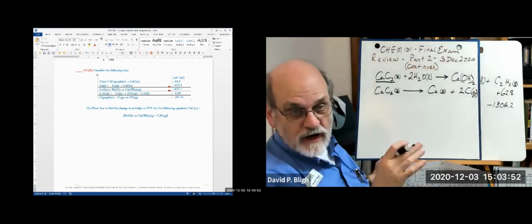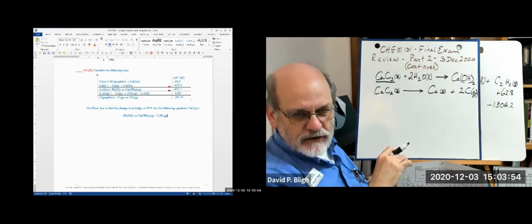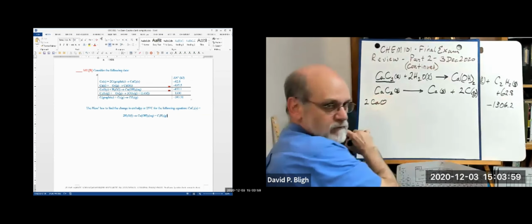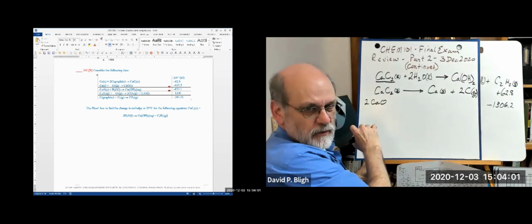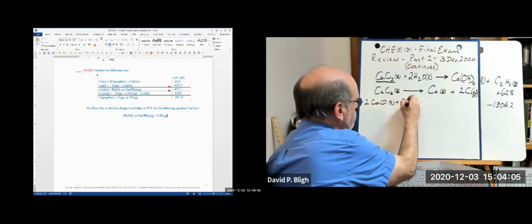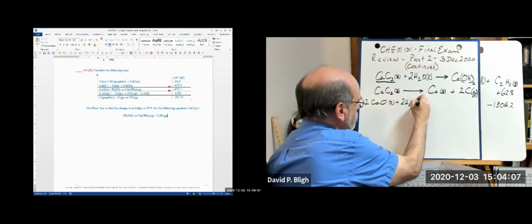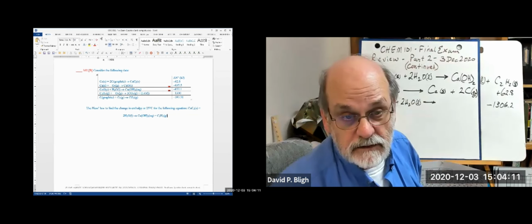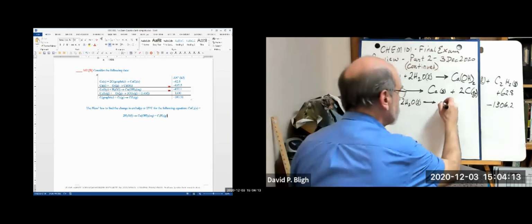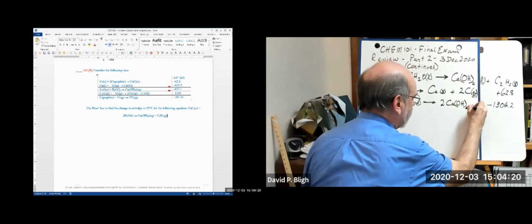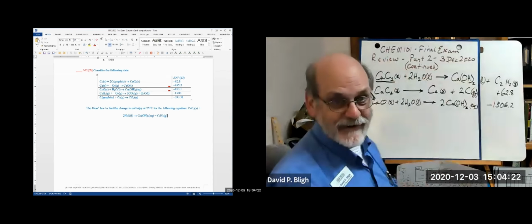And then we write the equation correctly. 2 calcium oxides plus 2 waters yields calcium hydroxide, 2 of those also. Calcium hydroxide. Okay?